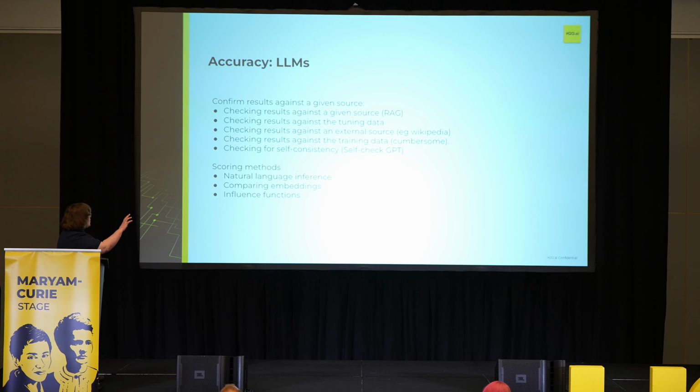It would be desirable to compare your LLM output to the whole training data set, but frequently for LLMs, the training data set is so incredibly large that that's just not possible at this point, but it would be great if we could.